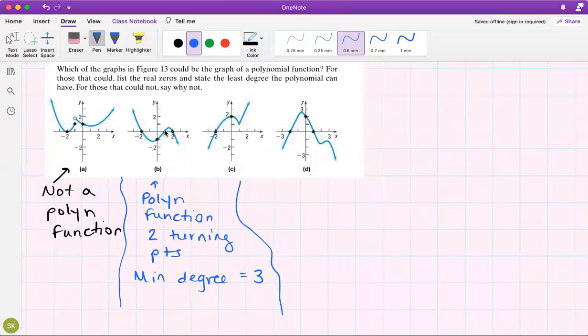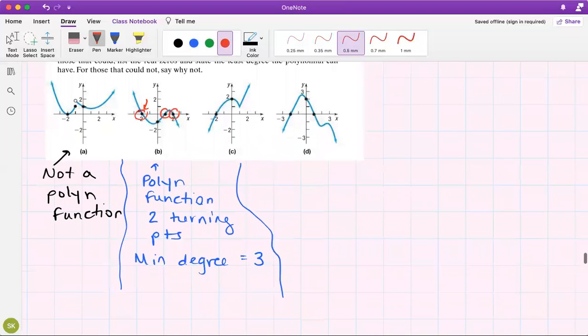The zeros are -2, 1, and 2. So here, we're going to cross the x-axis, we cross the x-axis and we cross the x-axis.